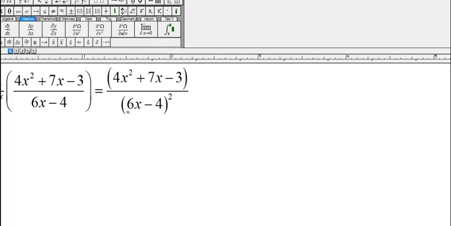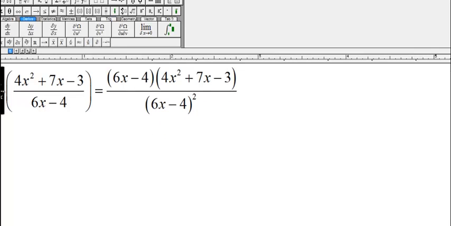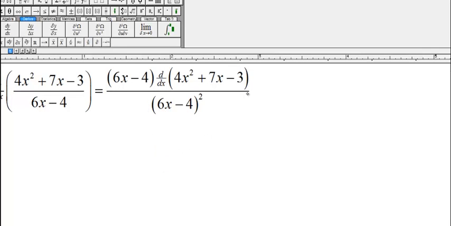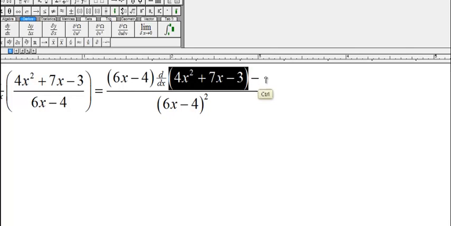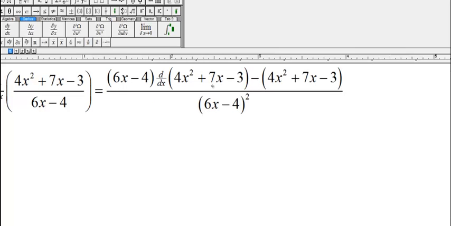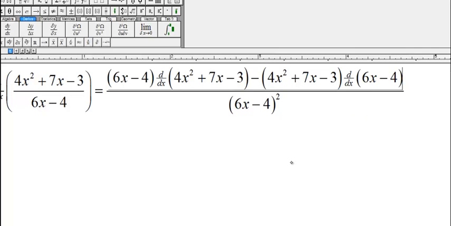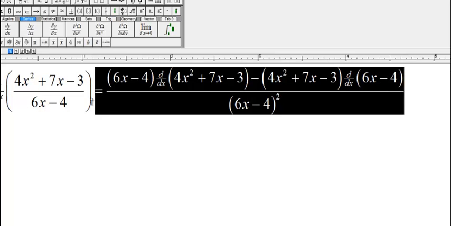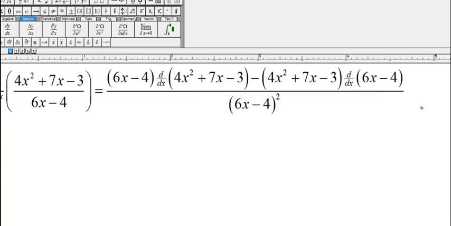In the top we have the bottom times the derivative of the top, minus the top times the derivative of the bottom part. And it's over the bottom squared. So that's correct now. I think we got all the parts there. That's from the quotient rule.